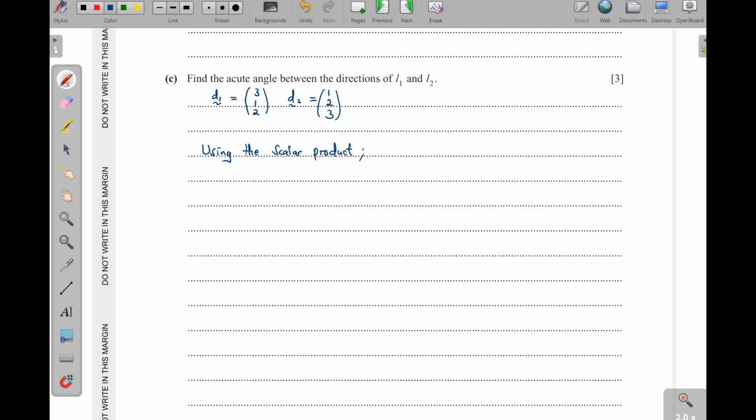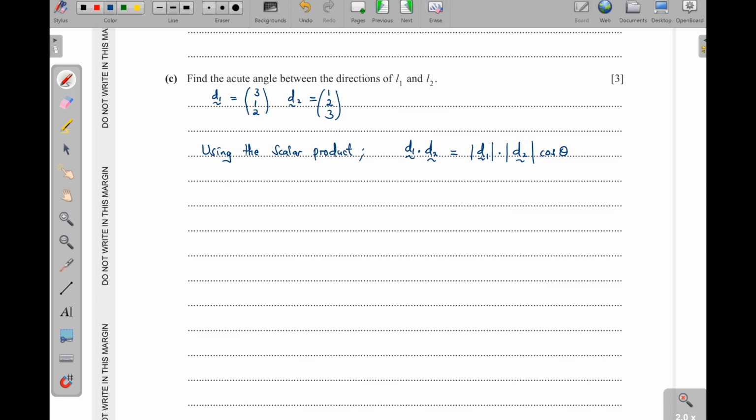So we have D1 dotted with D2, then this one will be equal to the magnitude of D1, then times the magnitude of D2, then cosine of the angle that is in between them. You see that? All right. Now from there, what do we do? How we multiply these two here.